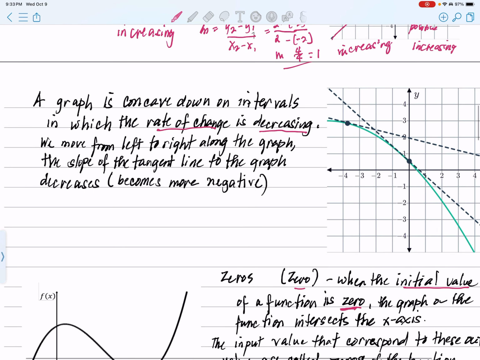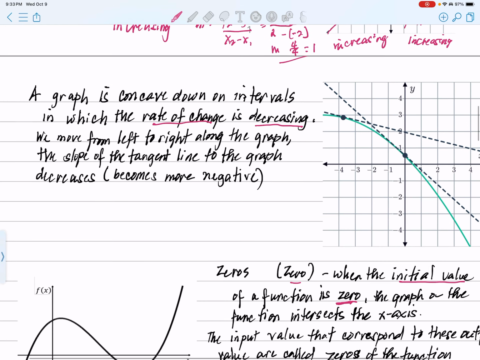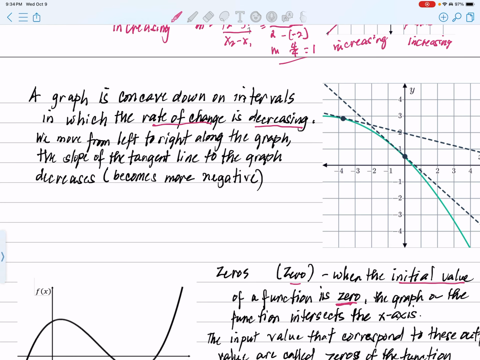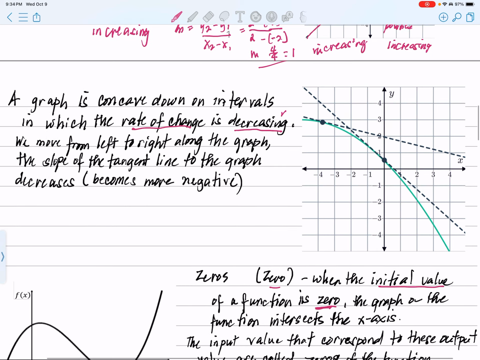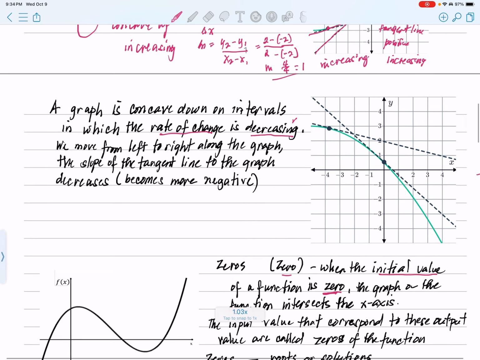When it's concave down, the interval in which the rate of change is decreasing. So we move from left to right along the graph. The slope tangent to the graph decreases and becomes negative.